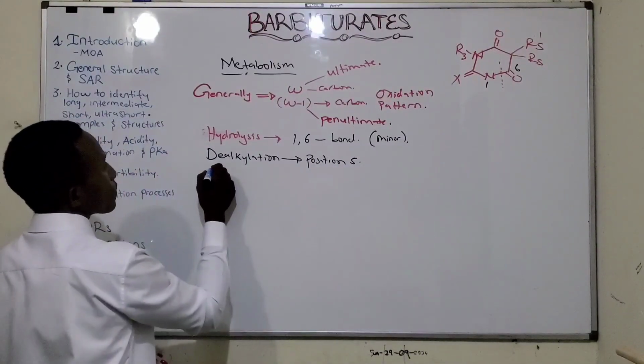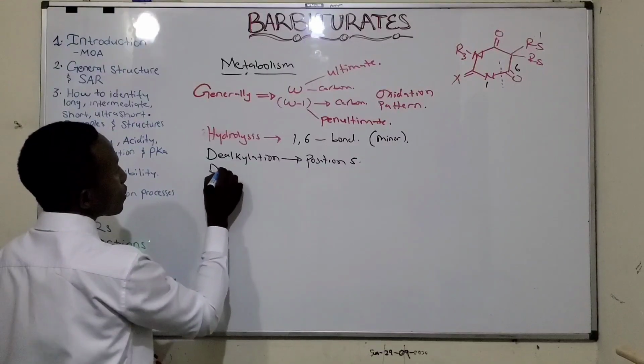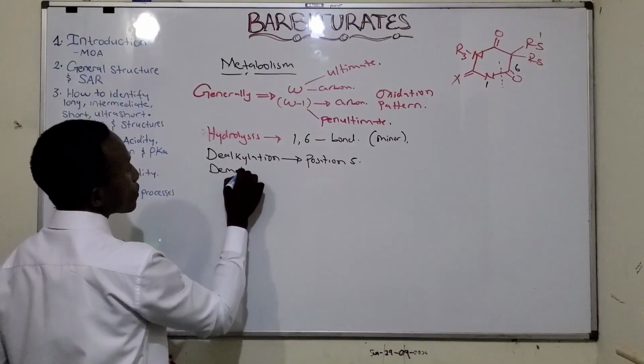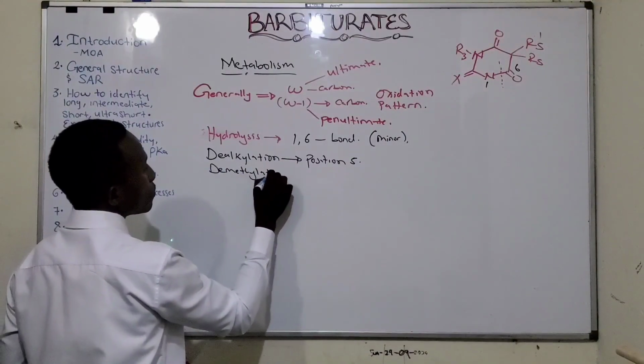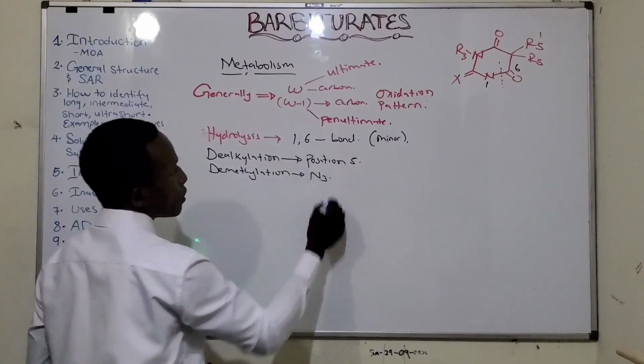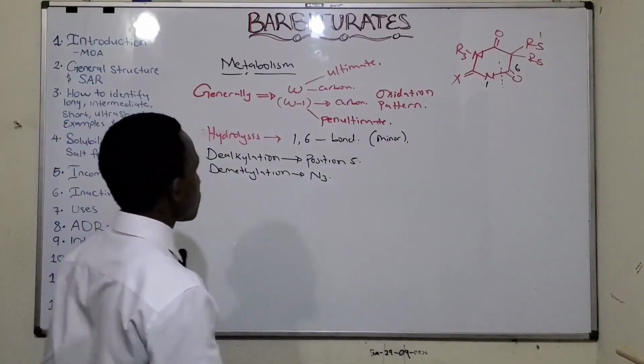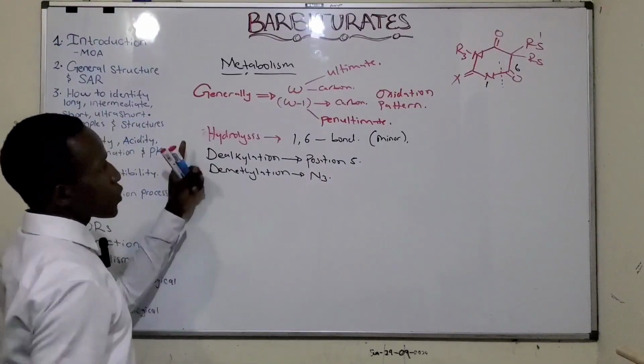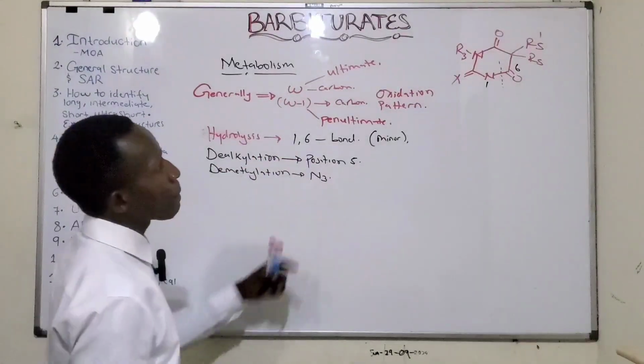You can also have demethylation at N3 or N1. All these can occur.